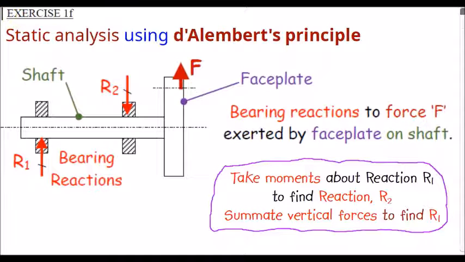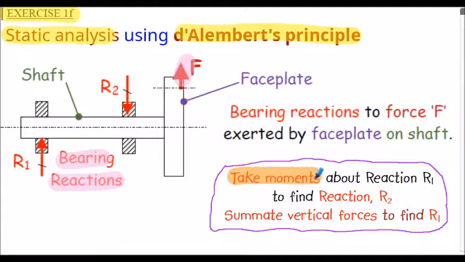If we now consider exercise 1F slightly further, we can see how a static analysis is formed when we're considering D'Alembert's principle. Here's our outward radial force, F, and if we wanted to find the reactions on the bearings, which sometimes we might want to determine, we consider taking moments about reaction R1, shown here, that will allow us to find reaction R2, and then we can summate vertical forces to find R1.